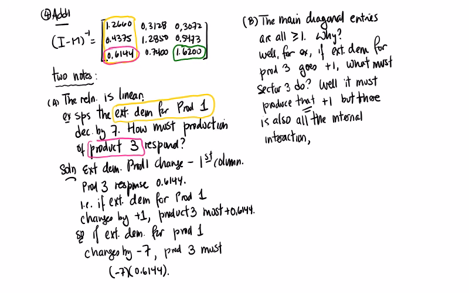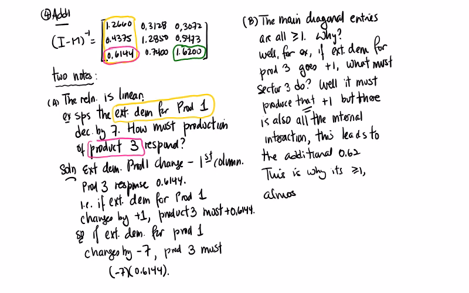There's a big intricate interplay, and this internal interaction leads to the additional 0.62. So it's definitely going to be the 1 and probably more, which is why it's greater than or equal to 1, almost certainly greater than 1.